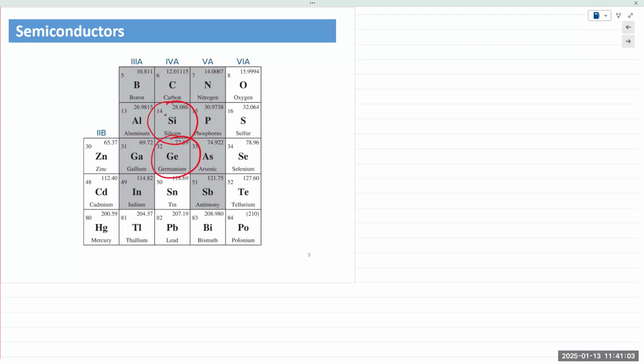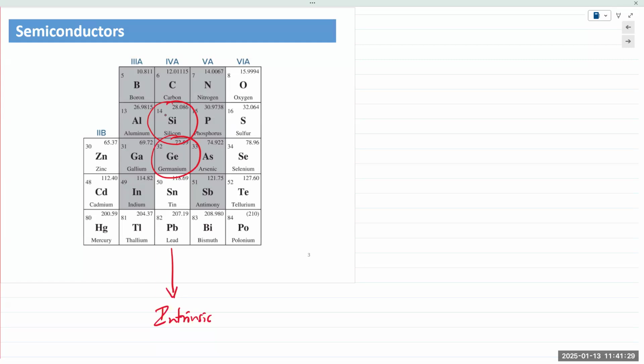Okay, so if we begin with silicon, we call these intrinsic semiconductors. Right now, let's say we are at 0 Kelvin. Okay, at 0 Kelvin, everything is in place. Everything is frozen and in place. There are no free electrons to move around.